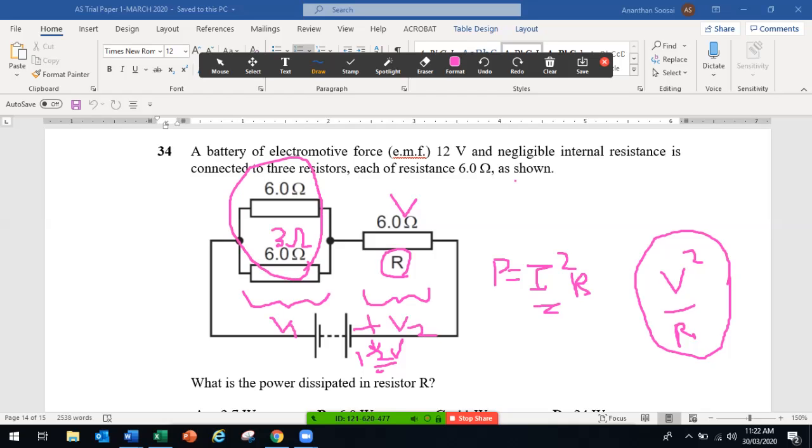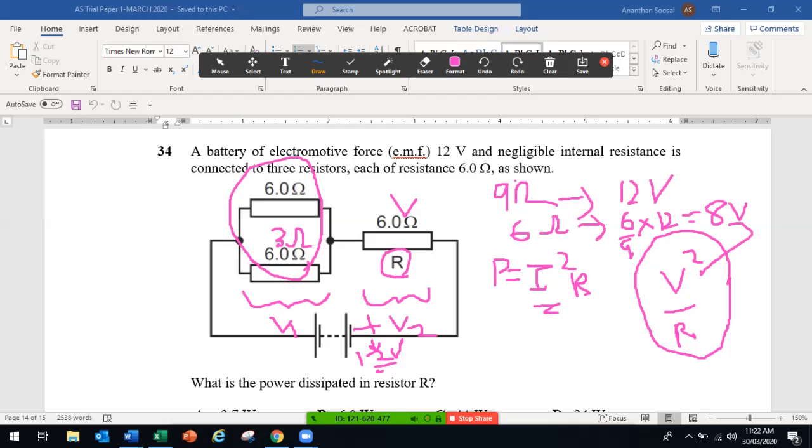So total resistance of the circuit, how much? 9 ohm, right? So total resistance 9 ohm uses 12 volts. So 6 ohm uses how many volt? Use ratio, so 6 over 9 times 12. You get 8 volt.